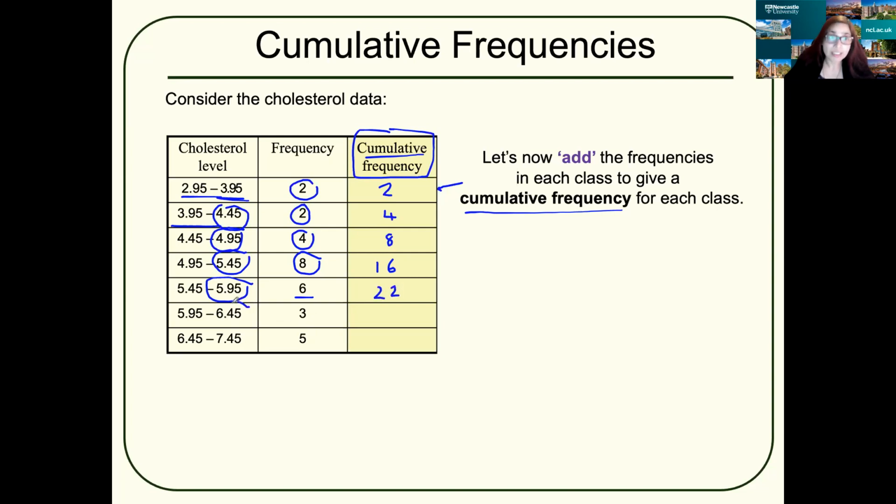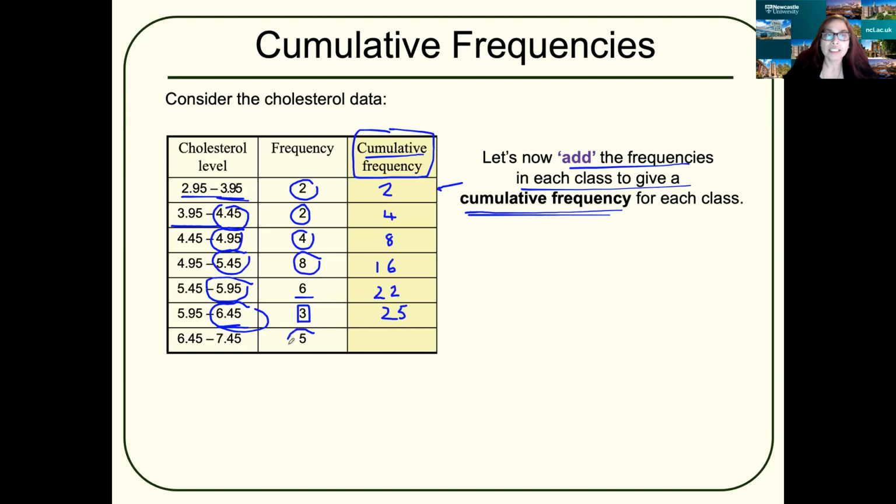Then until 6.45, we have 22 plus 3 is 25, correct? I'm doing this because I want you to understand that we are just adding the frequencies in each class to get a cumulative frequency for each class. So until 6.45, we have 25 data. There are 25 data less than 6.45.